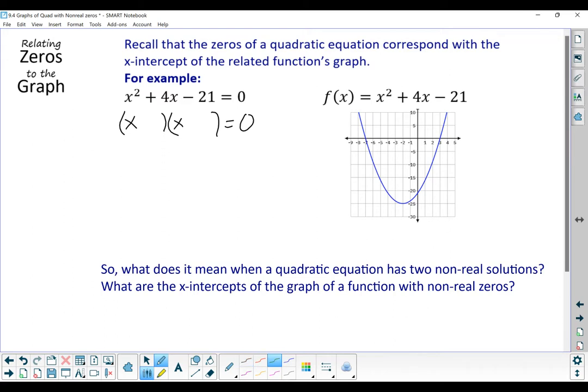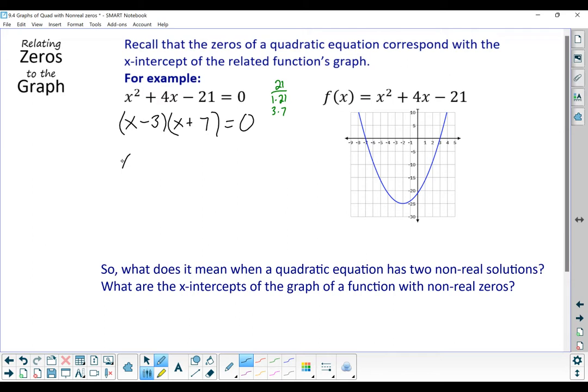We're thinking about the number 21. 21 is 1 times 21, or 3 times 7. And our middle term here is a positive 4x. So our factors are going to be x minus 3 and x plus 7.